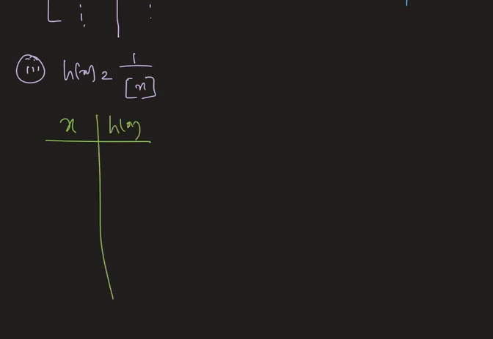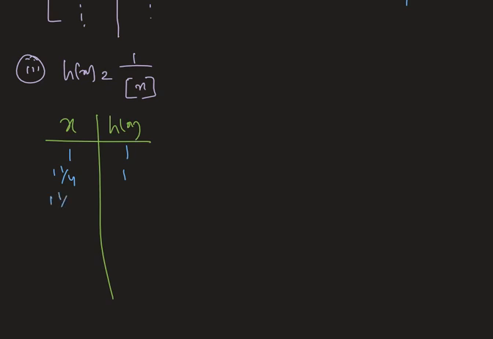The third function is h of x, which is 1 by box of x. At first we tabulate different values corresponding to x and h. If x is 1, then we get 1 here. If it is 1 and 1/4, we get 1.